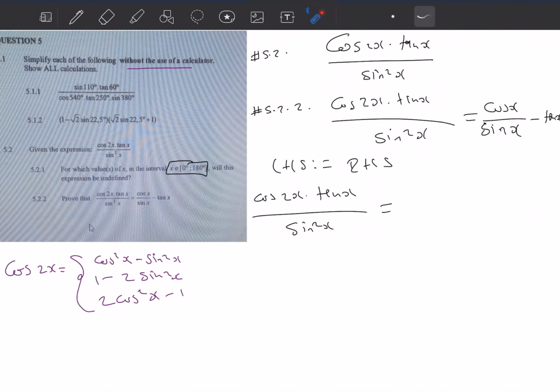Cos 2x is equal to 2 cos squared x minus 1, times tan x. We don't have to simplify tan x, because we have tan x there, so let's keep it the way it is, divided by sine squared x.